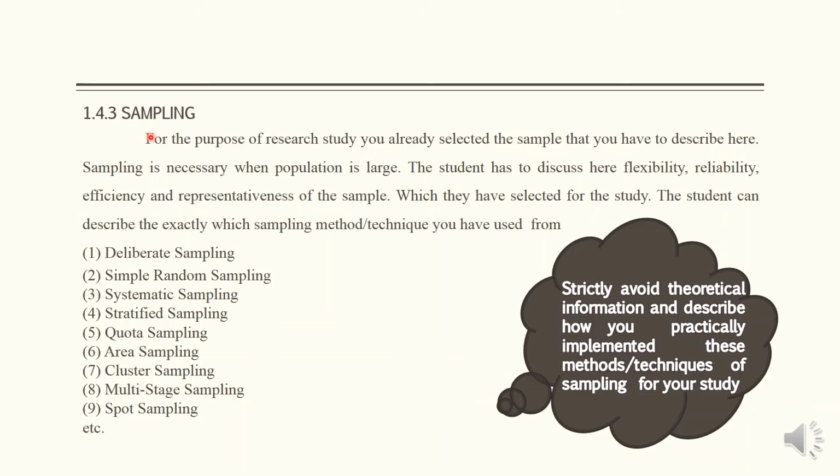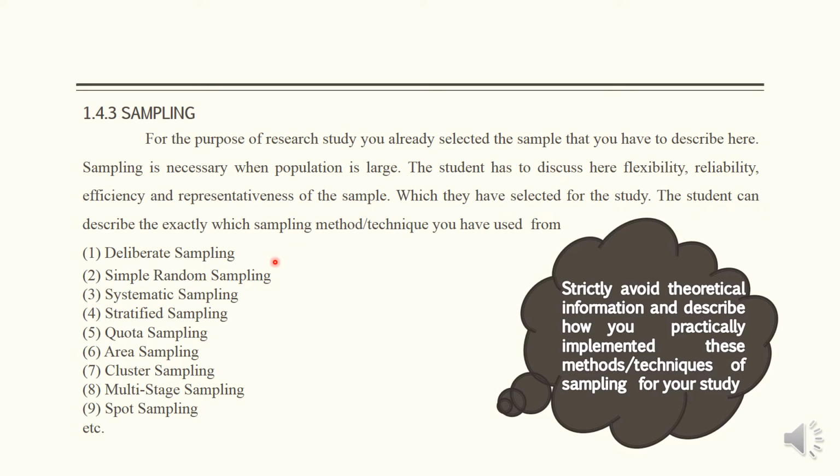Sampling. For the purpose of your research study, you have already selected the sample, which you have to describe here. Sampling is necessary when the population is large. The student has to discuss here the flexibility, reliability, efficiency, and representativeness of the sample selected for the study.